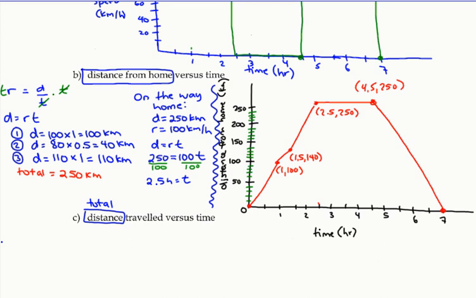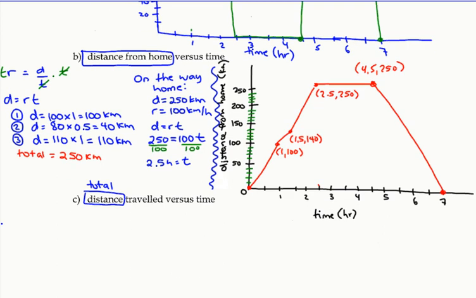Now, what's the difference between distance from home, like this graph we made, and time, and the next graph, our total distance versus time? It goes up the whole time, including at 0? No. Instead of going back, we're going to go upward.